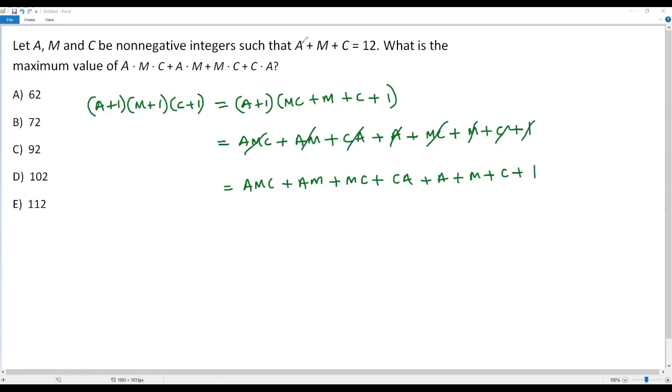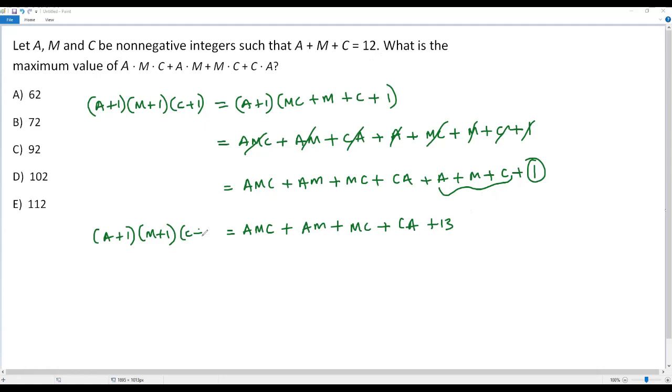We know that the value of A + M + C is 12, so we can plug in 12 for A + M + C. Let me write the rest as it is: A times M times C, plus AM, plus MC, plus CA. When I plug in 12, 12 + 1 becomes 13. On the left side, we write this as it is: A + 1 times M + 1 times C + 1.